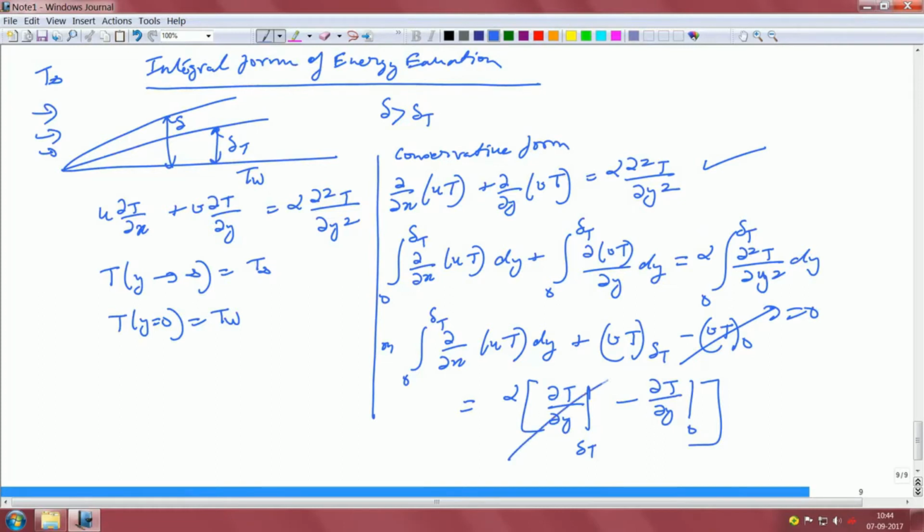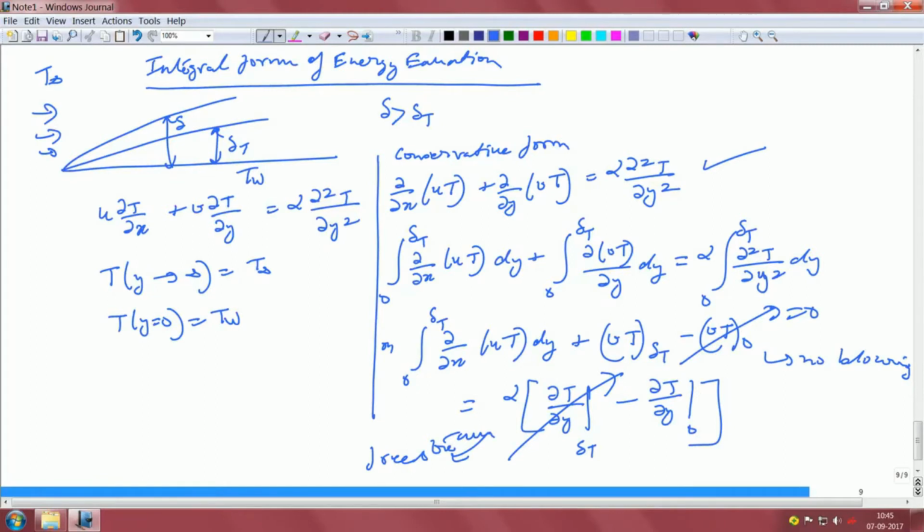So, this is also equal to 0 for the same reason, because the thermal gradient disappears as we move to the free stream, right. So, this is basically no blowing and this is basically the free stream, the gradient vanishes, right. So, these were obvious to you.